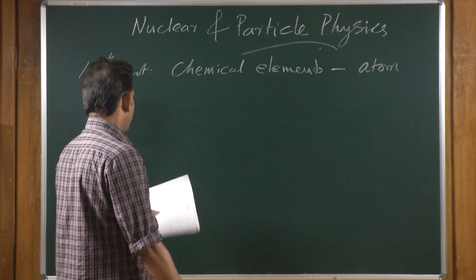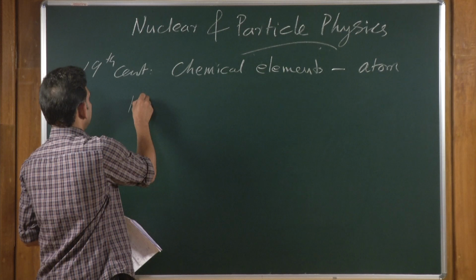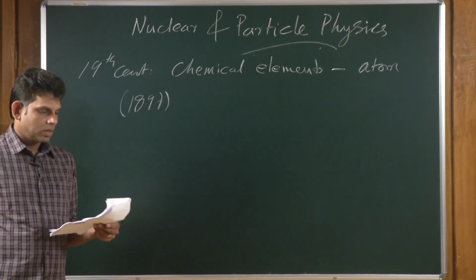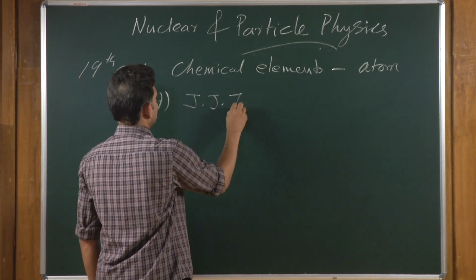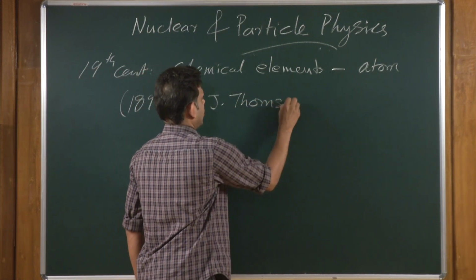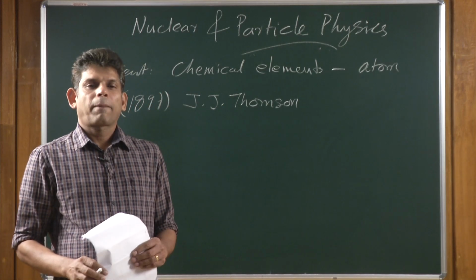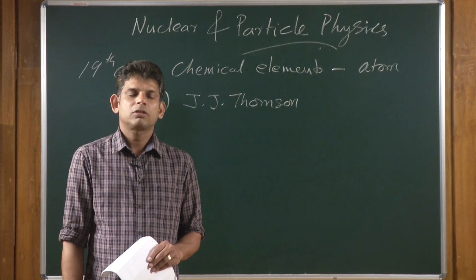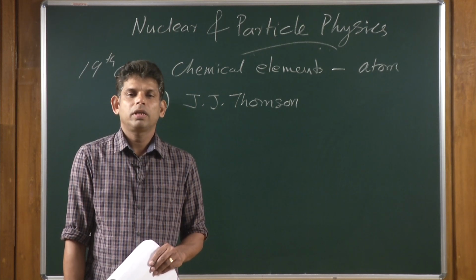So, by 1897, experiments of J. Thomson led to the discovery of presence of electron in the atoms.